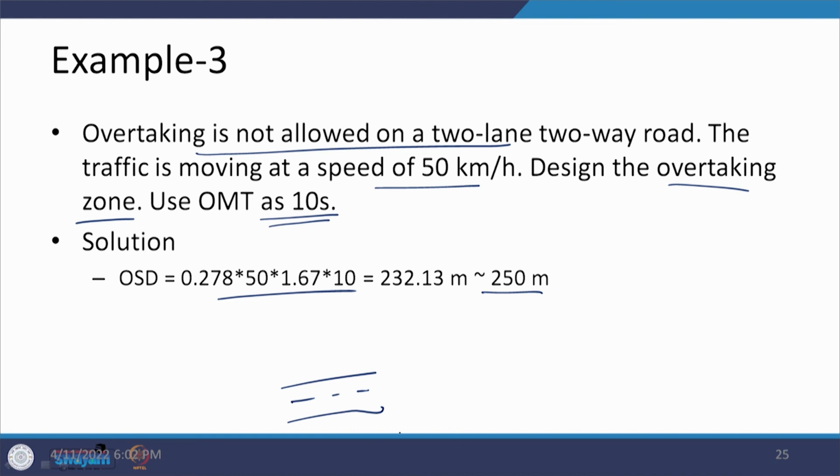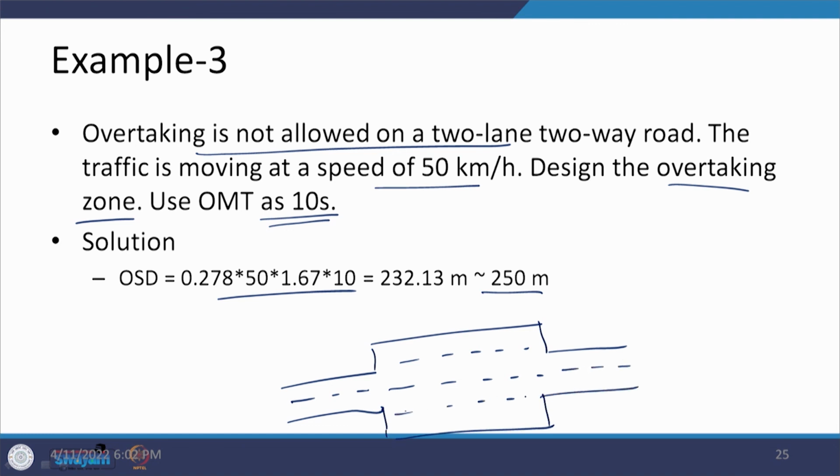So, this is a 2-lane system. Now, we are going to provide an overtaking zone. This system keeps going, and we have an additional lane provided here. Now, what should be the size of this? The size is going to be 250 into 3 at a minimum level or 250 into 5 at a desirable level.